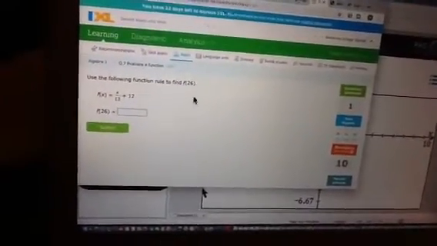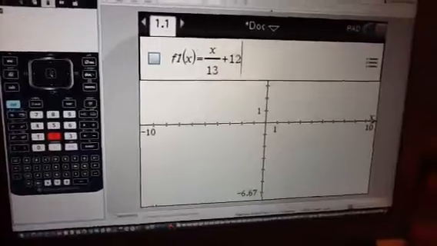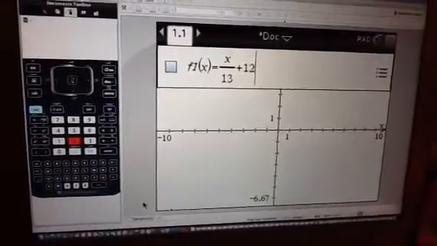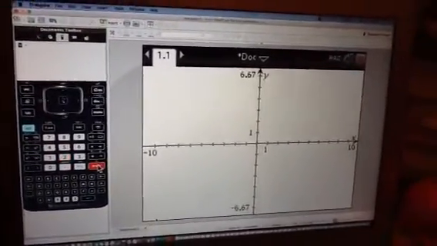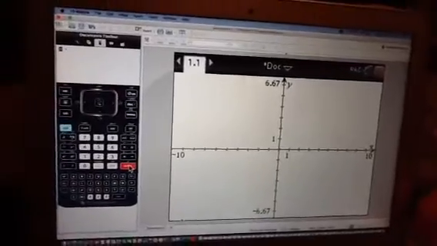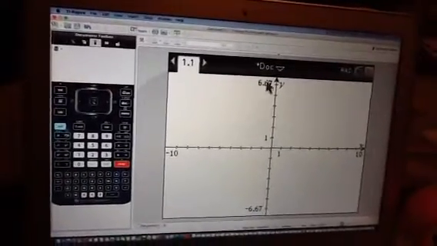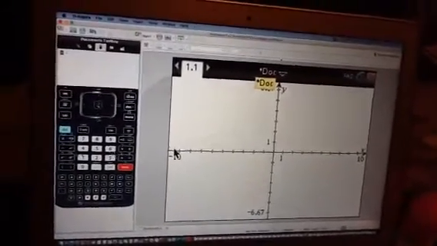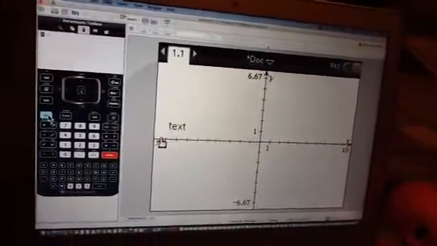And now we're looking for when x is 26. Okay. So on my calculator, I've got it typed in right. I'm going to press enter. Now I may or may not see something because it's probably outside of the range of my graph. But that's okay. I want to go to my table.